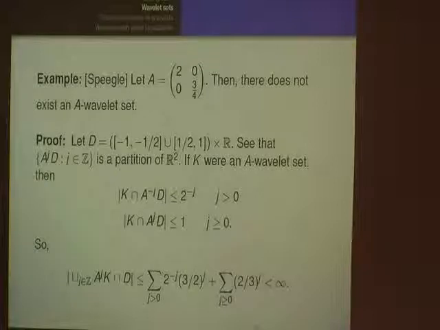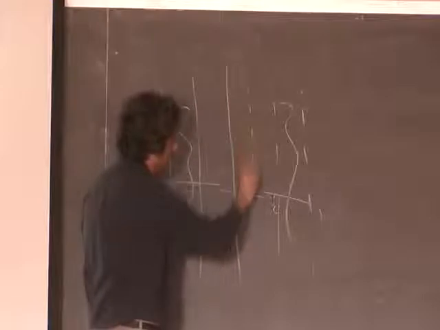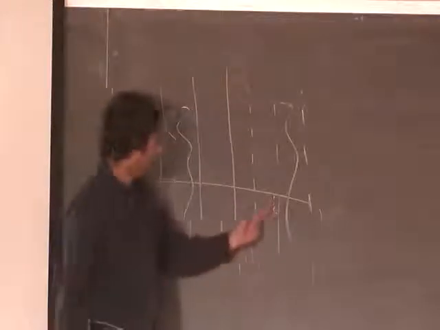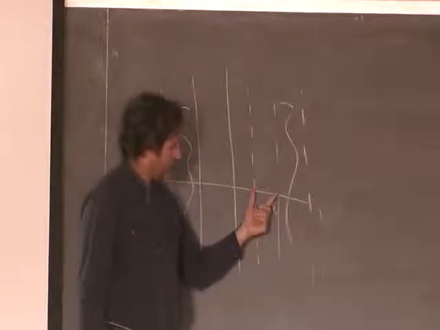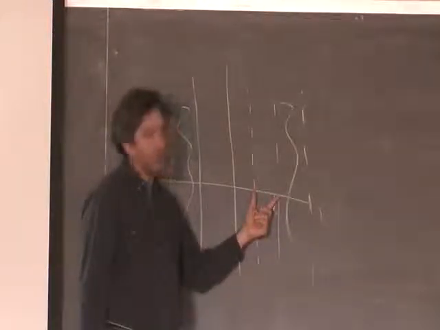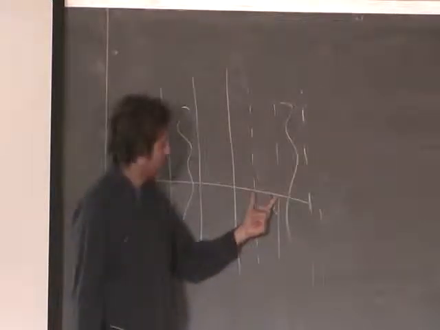The reason is you start with this. This is from negative a half, positive a half to 1. And you look and see, if I'm trying to construct a wavelet set now, how much of the set can I put between negative 1/4 and negative 1/2, or positive 1/4 and positive 1/2?